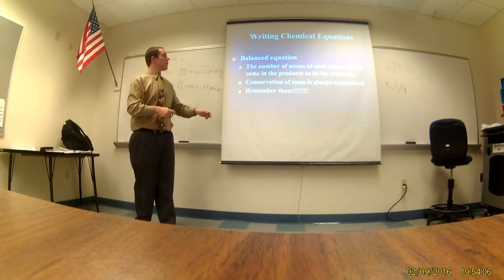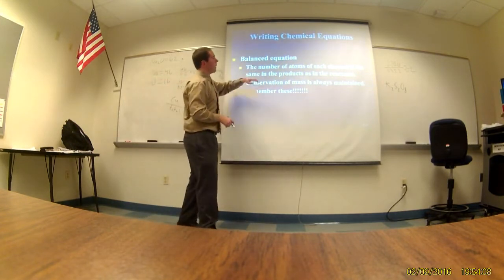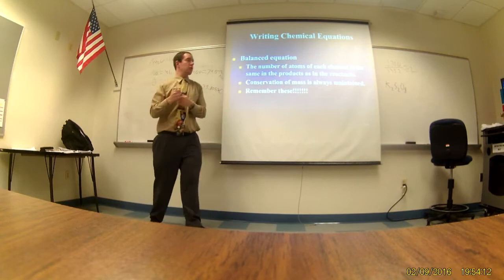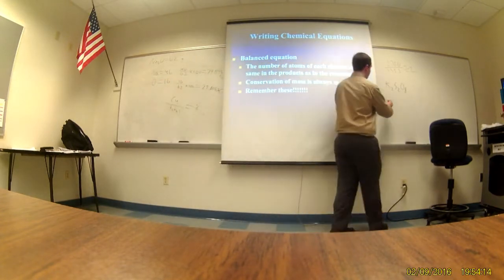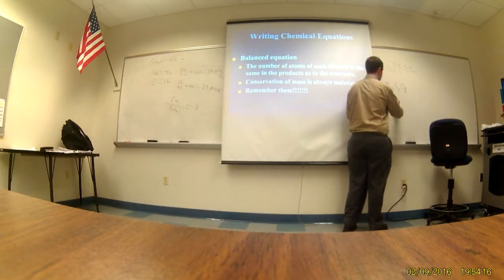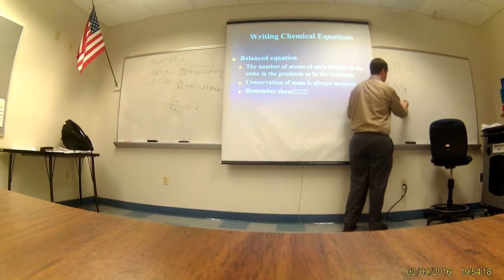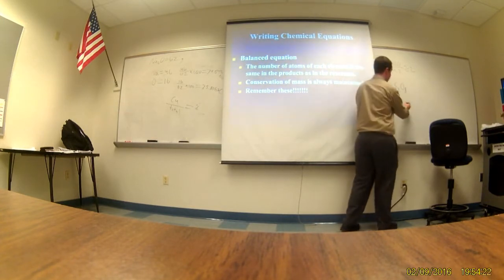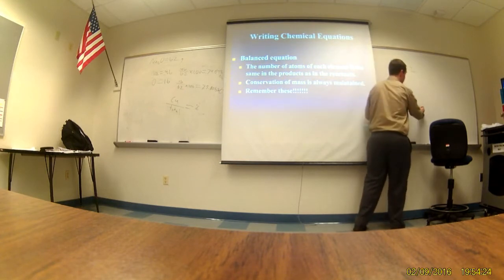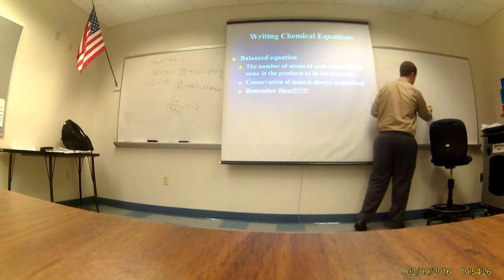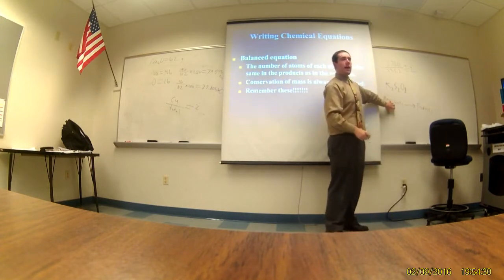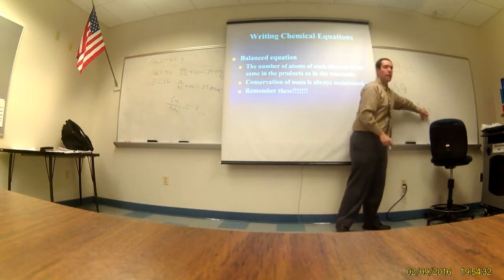So we have to figure out what we mean by a balanced equation. When we have a reaction, we're going to have reactants, the things that come together to react, yield products. We take reactants and we make products.